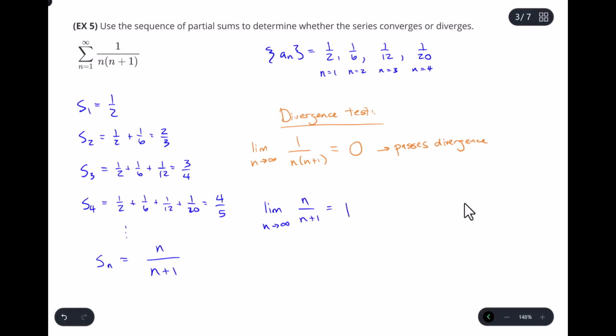So this limit is going to be 1, so that tells me this sum is going to converge to 1. Now this really isn't a technique we would use to solve sequences and series, but it does give you an idea as to what's happening.